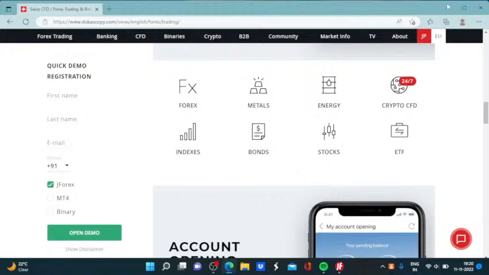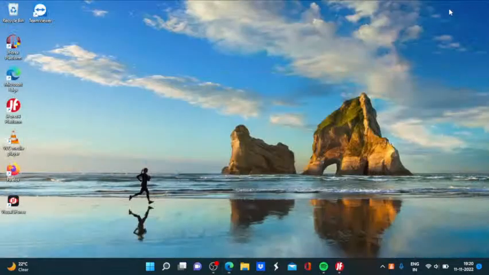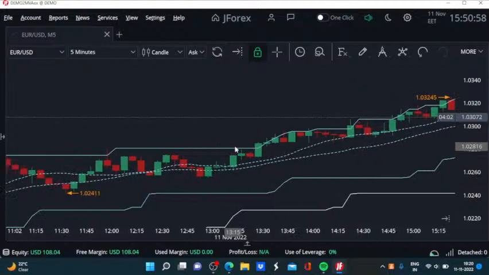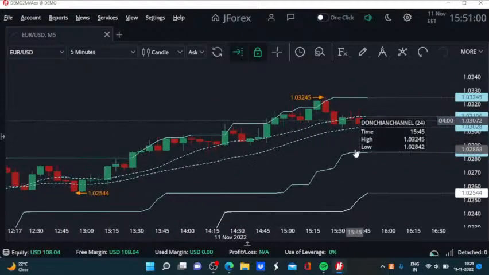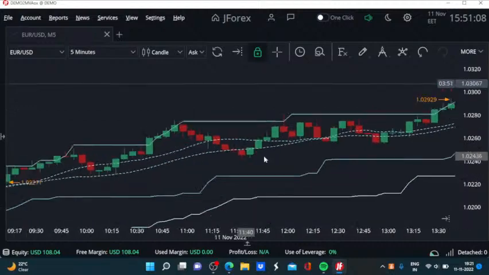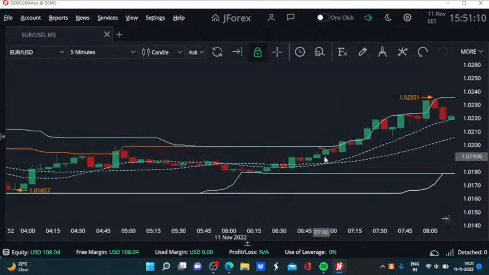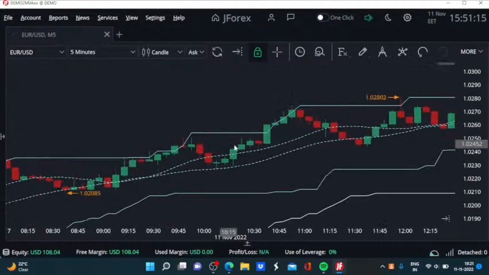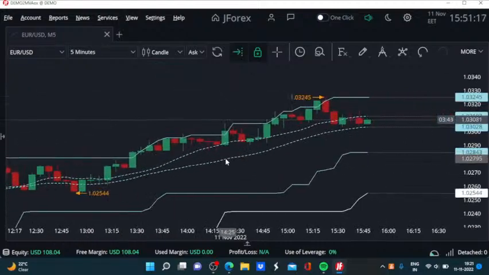So let us now head to the JForex 4, the newly released trading platform from the Dukascopy Bank SA. This is the Euro USD chart. Here I have plotted this range for 2 hours, 4 hours, and the average prices for the last 1 hour and 2 hours. And I don't really think I have to say the trend for the Euro USD has been bullish.